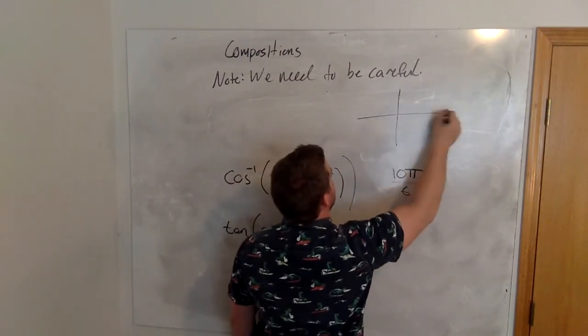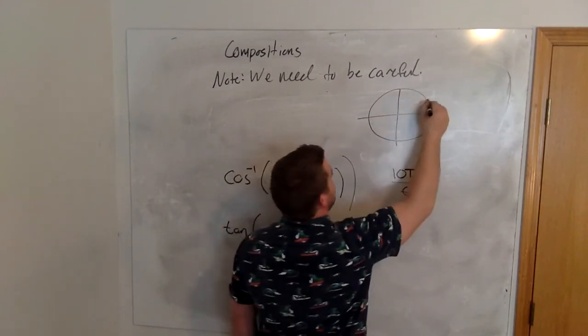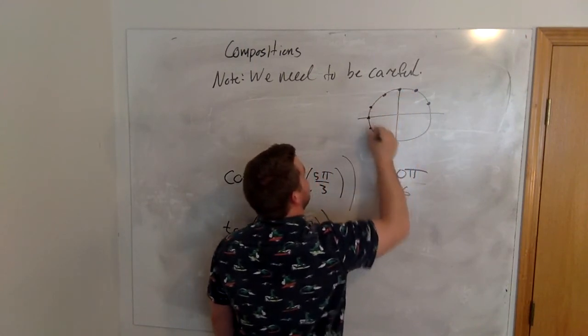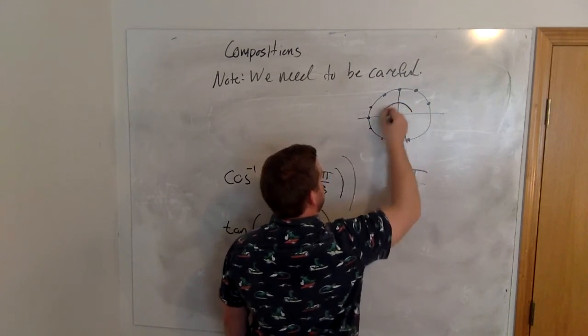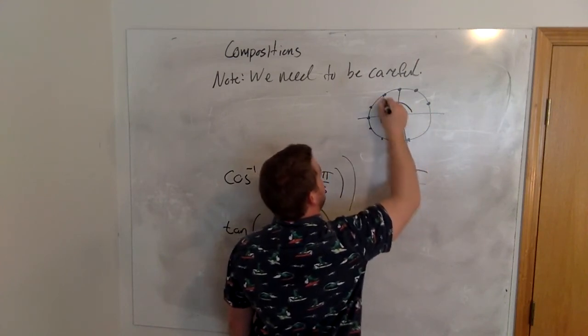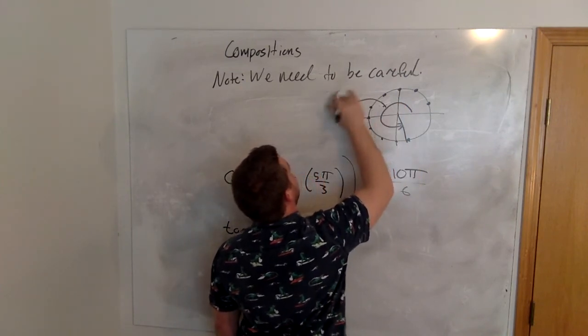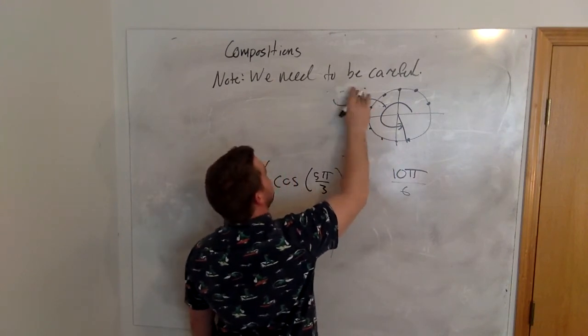So on the unit circle, we have to move 10 increments of pi over 6: 1, 2, 3, 4, 5, 6, 7, 8, 9, 10. This is where we're at. This is an angle of 10 pi over 6, or 5 pi over 3.